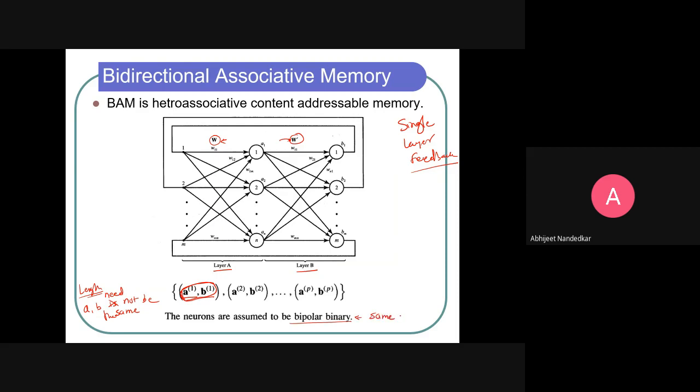That means the activation function is the sign function. So all the vectors that we store are of this form, with +1 or -1. All these individual elements are +1 or -1. It's a binary thing. All these neurons have activation functions which are sign. So this is the basic structure.